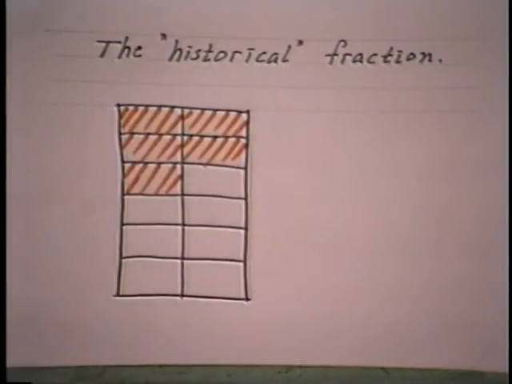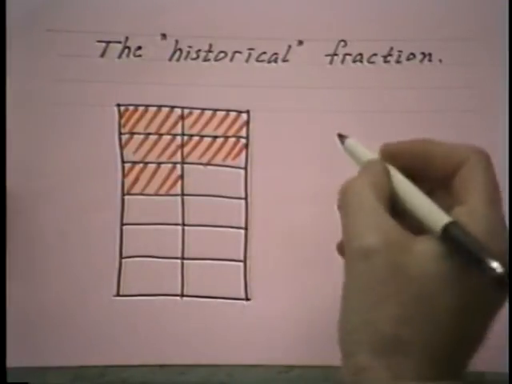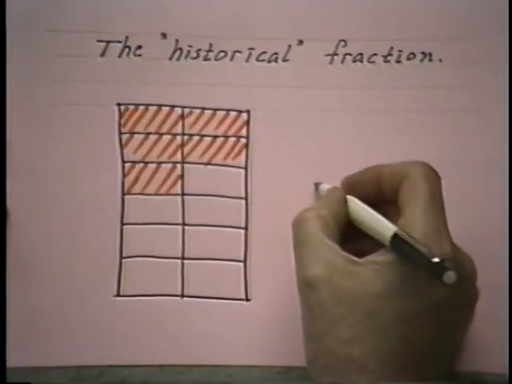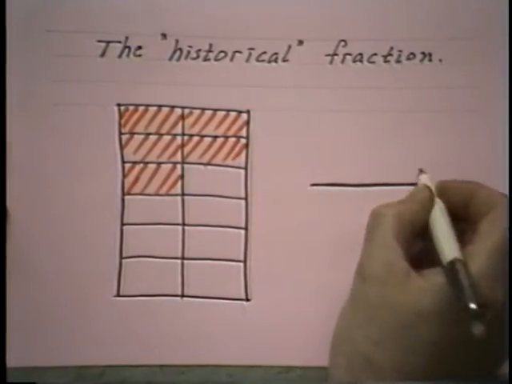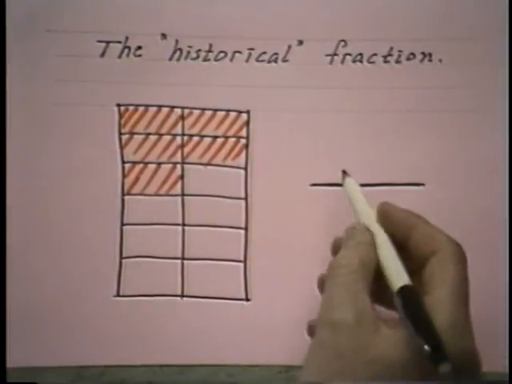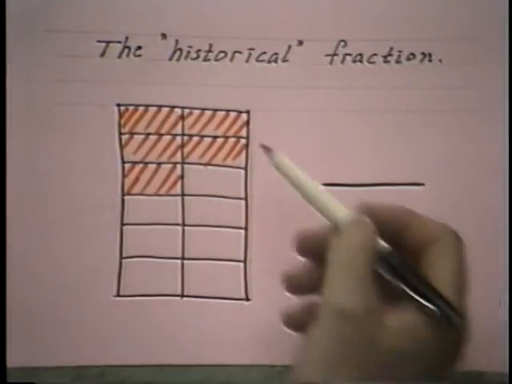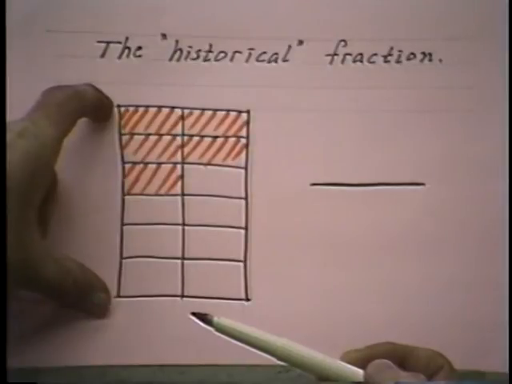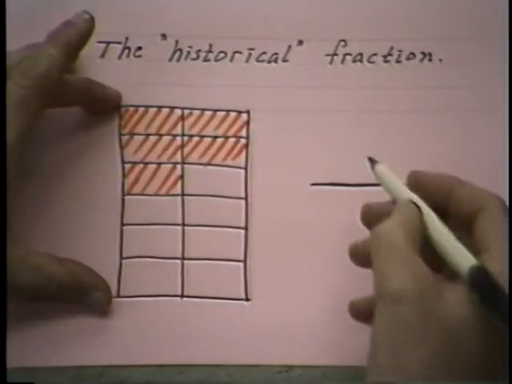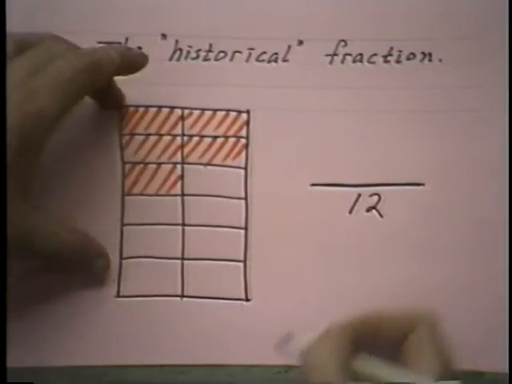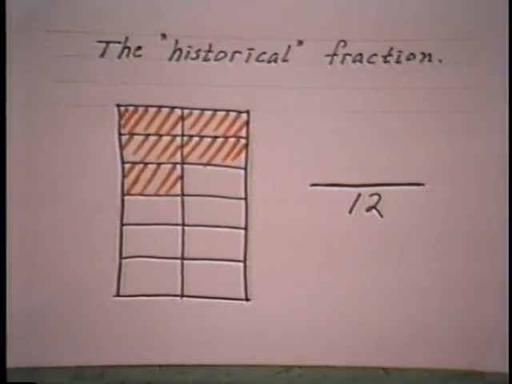A fraction really is a code. It's simply a device we invented. This line says I'm going to divide this into 2 groupings. First, the total number of pieces in my one group, my whole group, is 12, and we'll put that on the bottom.